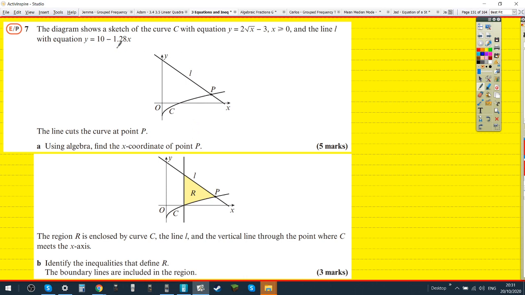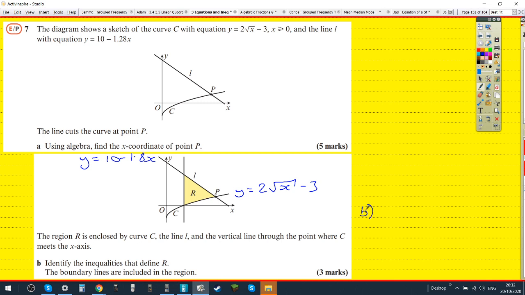So the line is 10 minus 1.8x, and then this weird curve is y equals 2 root x minus 3. Okay, so how can we get this region R? Inequalities for that.